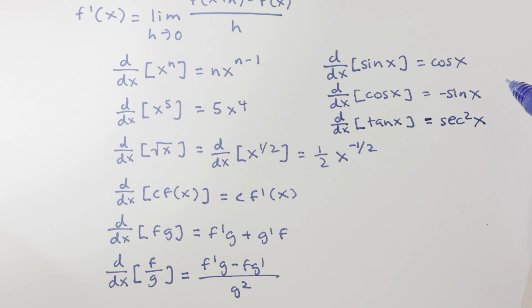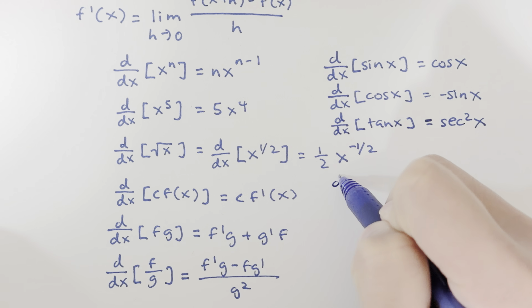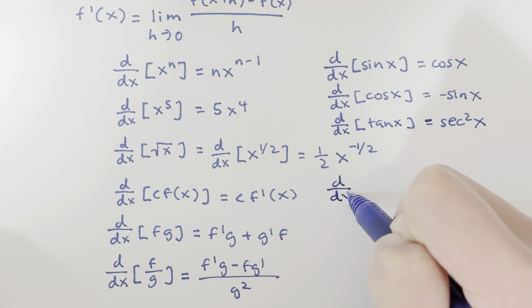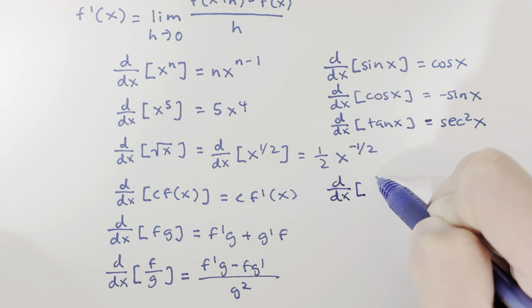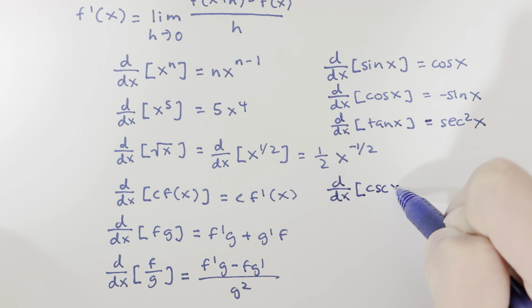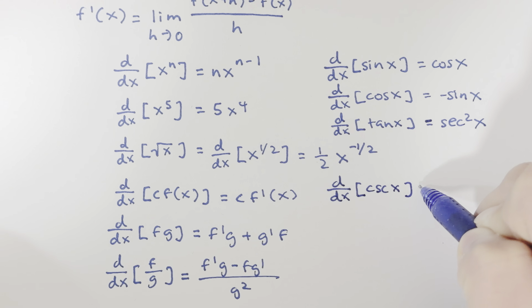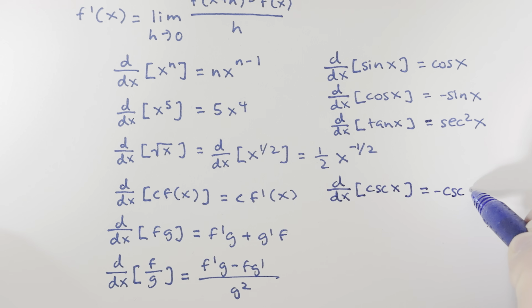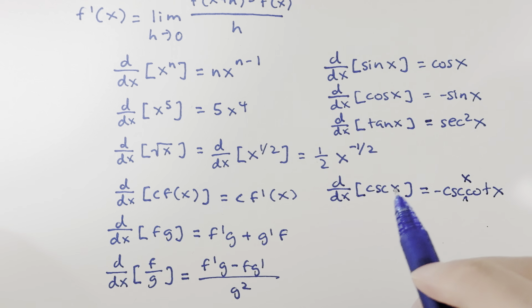And then you have d over dx of the reciprocals of these three functions. So d over dx of cosecant x is equal to negative cosecant x times cotangent x.